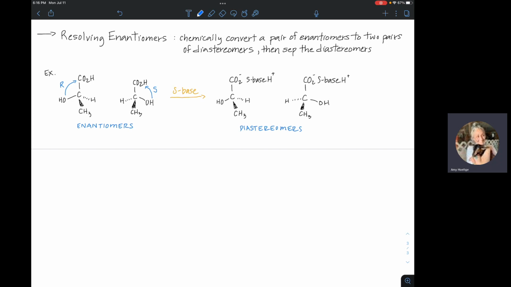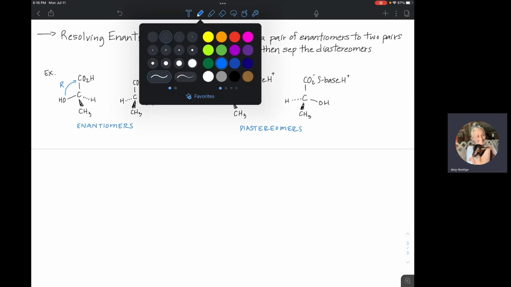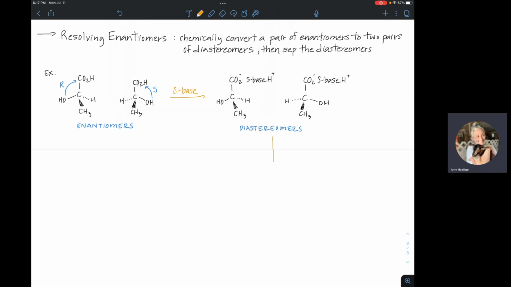So long story short, I have taken a pair of enantiomers, and I have allowed the racemic mixture, that is a 50-50 mixture of enantiomers, to react with a chiral molecule. In this case, it's just a left-handed base that I decided to choose, right? So these diastereomers have different physical properties. And so I can separate them.